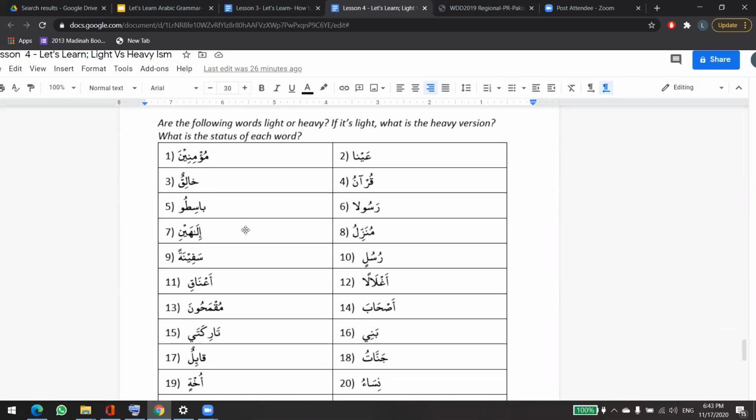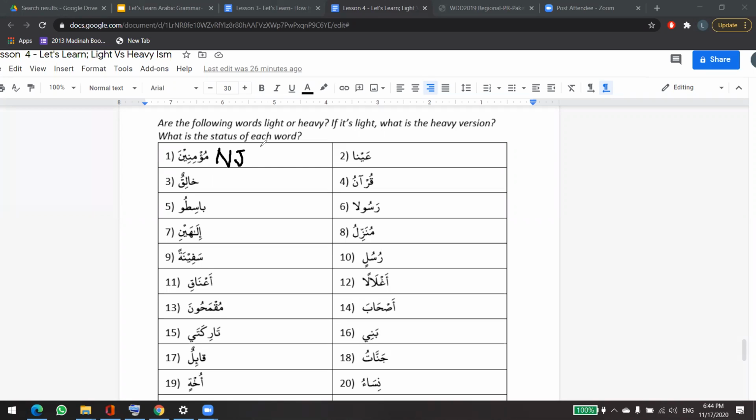So we have the ending combination una, ina. And we know that is either nasab or jar. So you are going to write N or J, both, either nasab or jar.